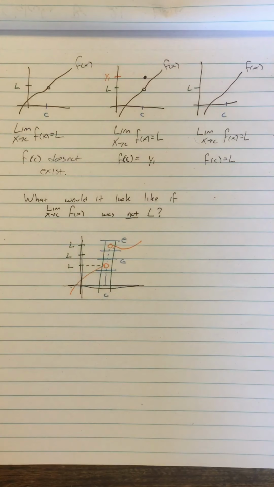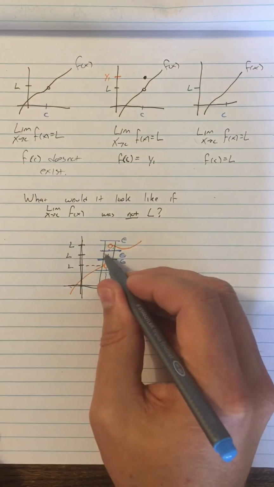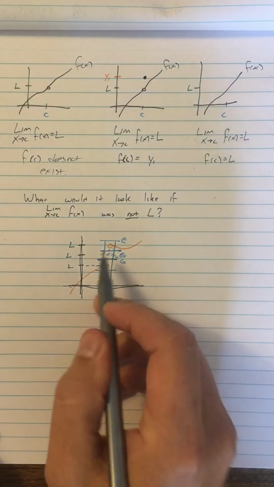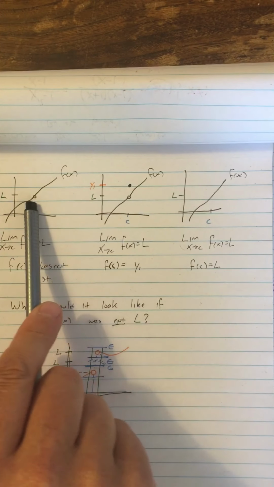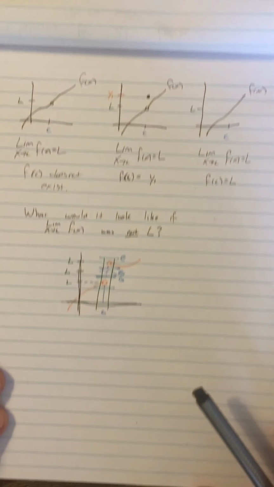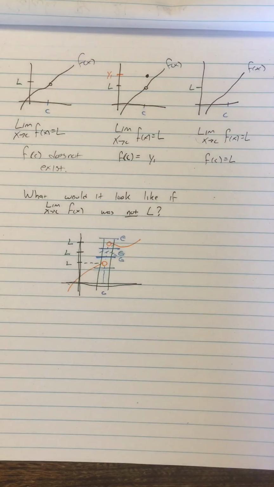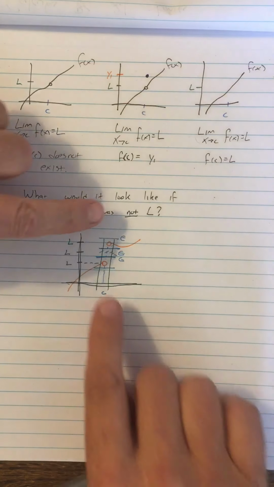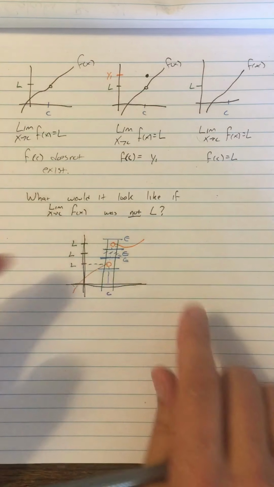All somebody has to do is make the epsilon band be this bit in the middle, and then you're not going to have any points inside the epsilon band. So the way the definition works, in the earlier cases, no matter what epsilon you choose, you can get a delta that will land the points in the epsilon band. In this case, for some epsilons, specifically the ones smaller than this gap, you cannot find a delta that will include both of them.